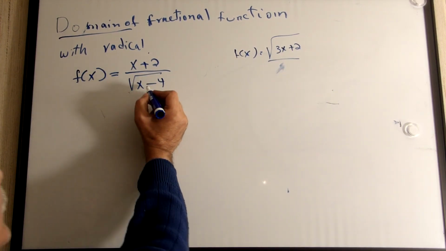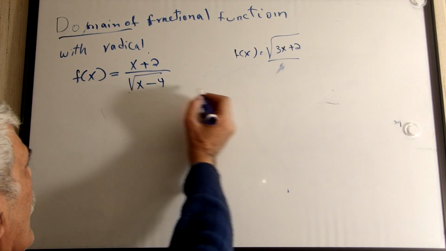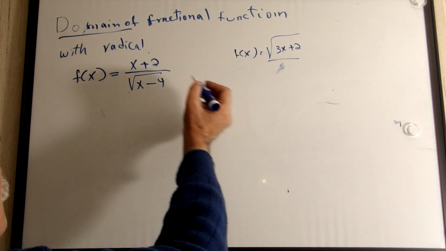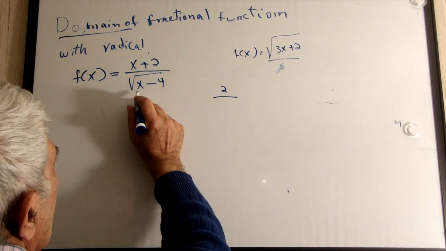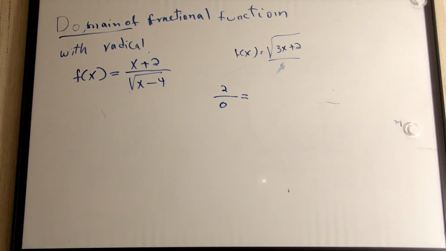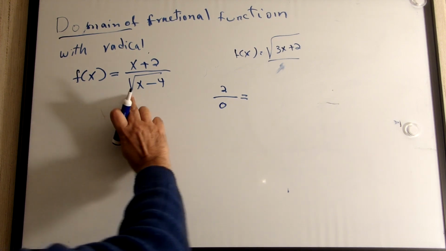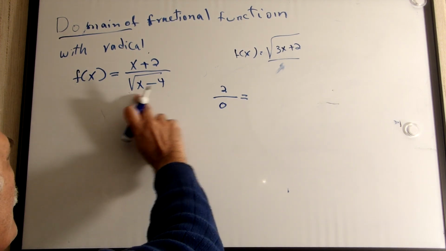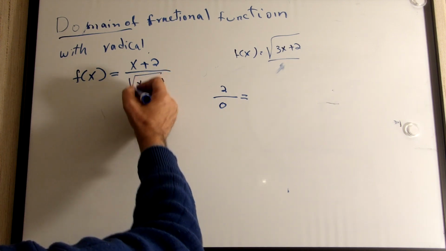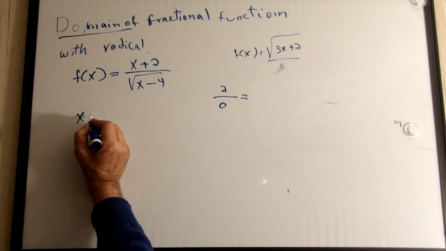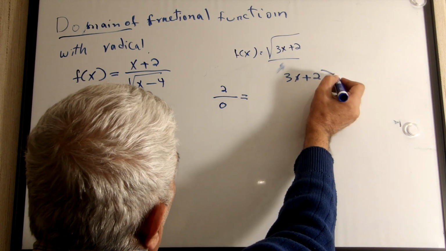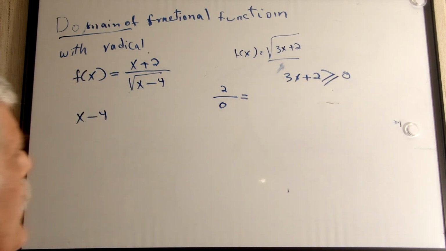It means the whole thing cannot be 0, because if, for example, you give x a value like 2 and the denominator is 0, 2 divided by 0 is going to be infinity. You don't want that. So in the regular way, we say 3x plus 2 must be greater than or equal to 0.